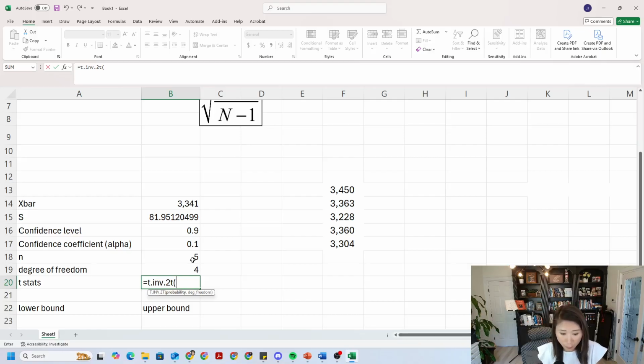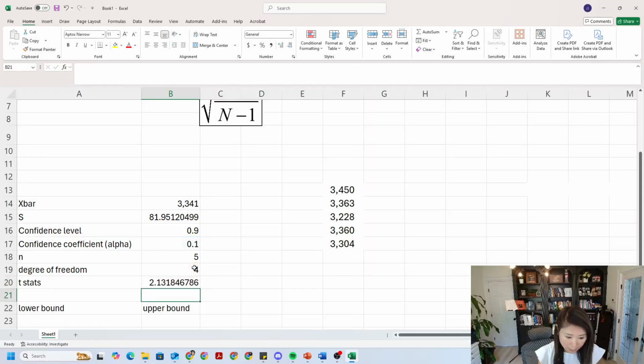The first entry will be your probability. Since it already tells the computer it's a two-tailed test, we just directly use alpha. You don't need to use alpha divided by 2. Just alpha. The second entry is the degree of freedom. Now we are able to get our t statistic.